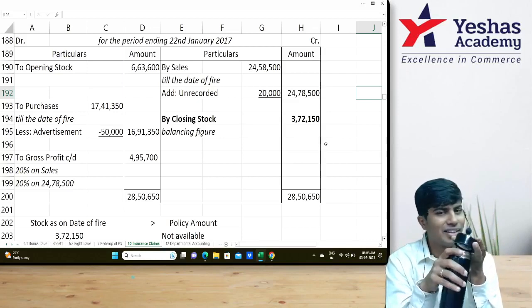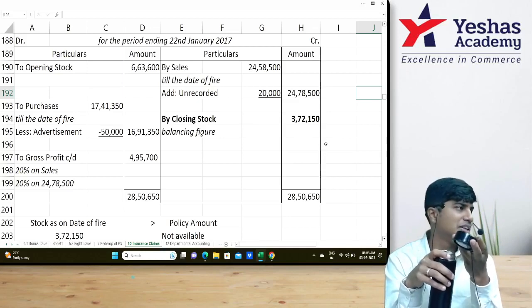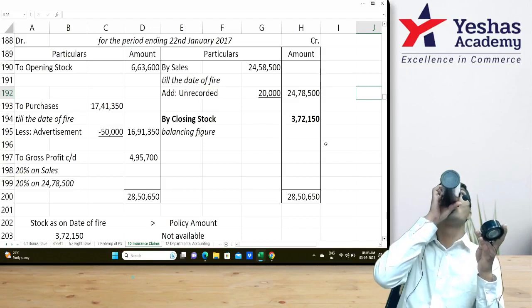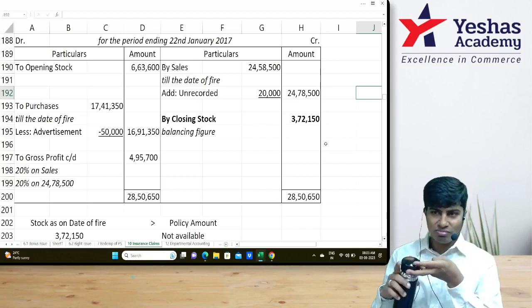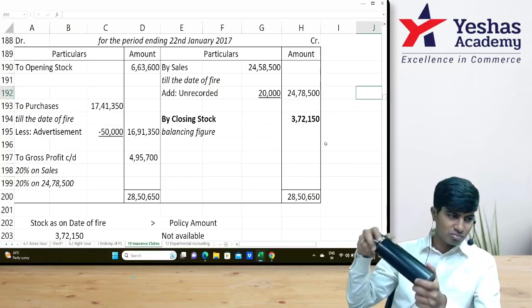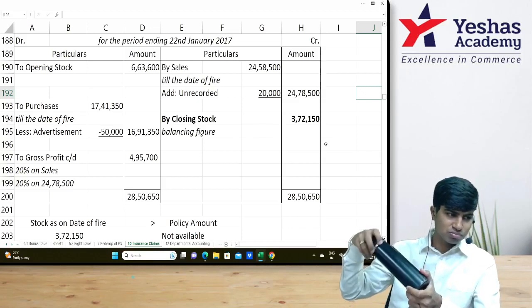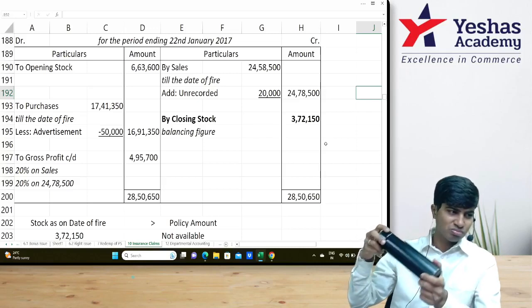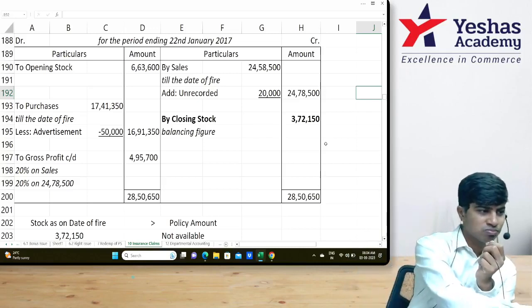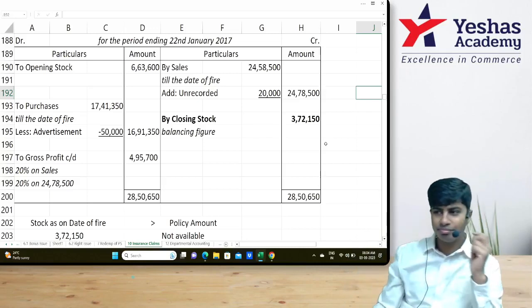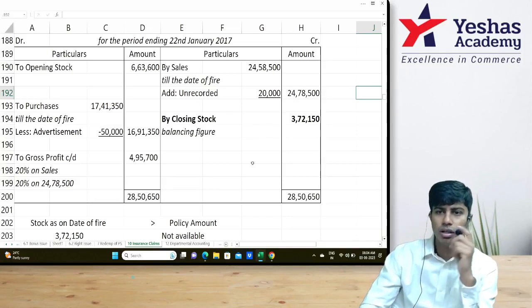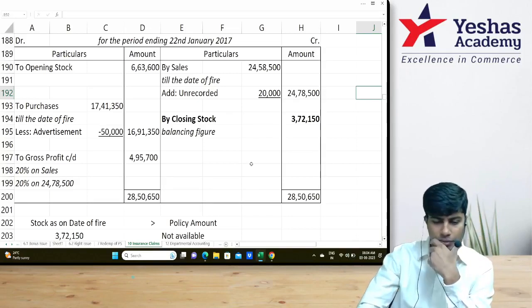Are you getting it? I don't mind checking the settings if I know what settings to check. Can I scroll down now? Okay, copy.